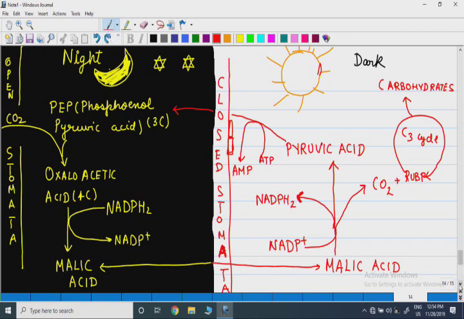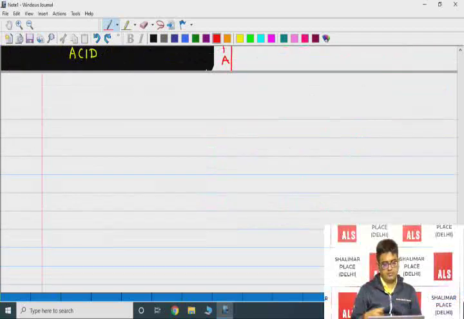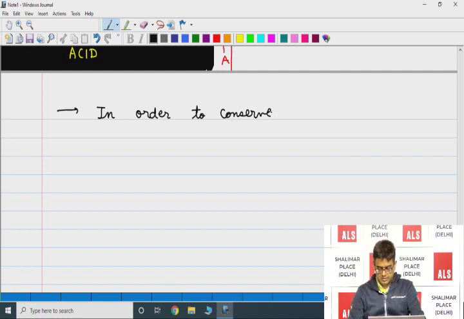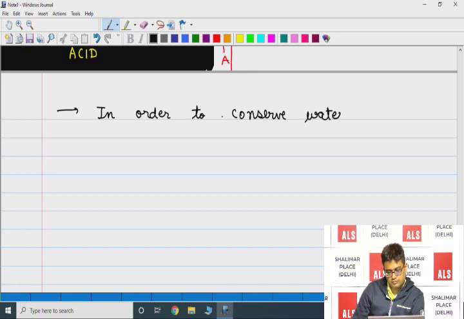Finally, we have to write a few things about the CAM cycle also. In order to conserve water, CAM plants have some special adaptations.